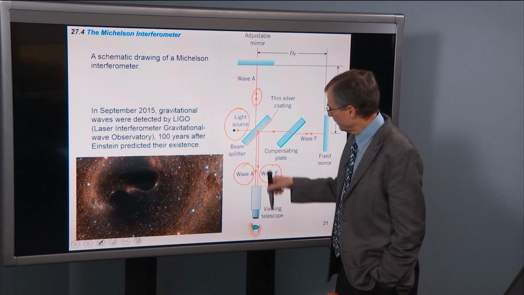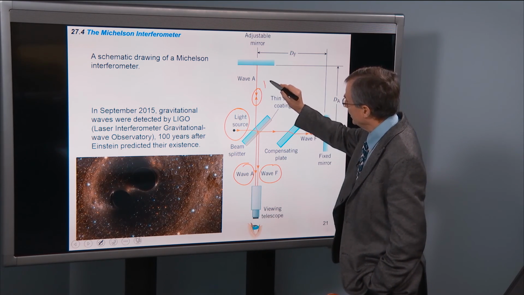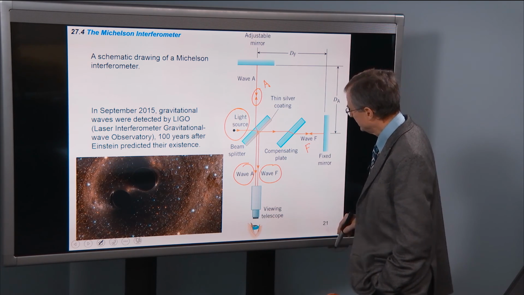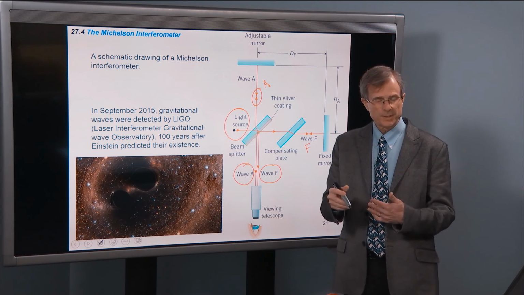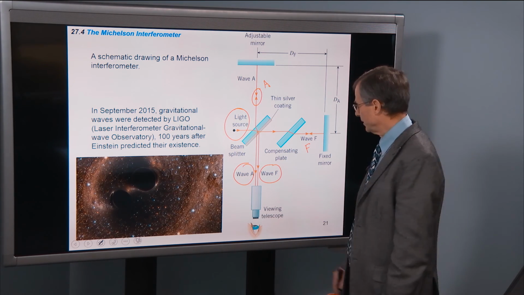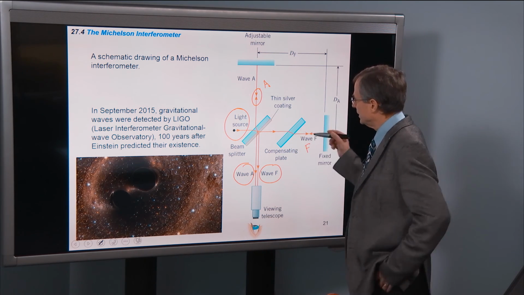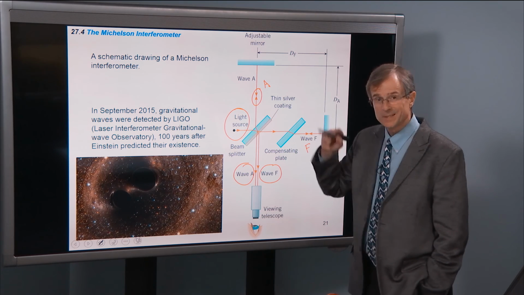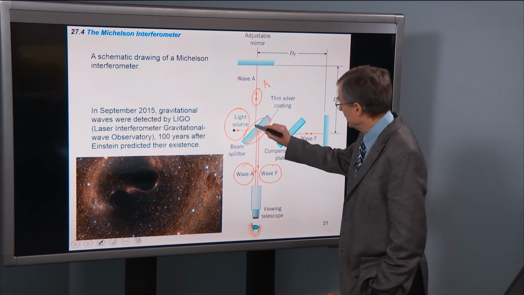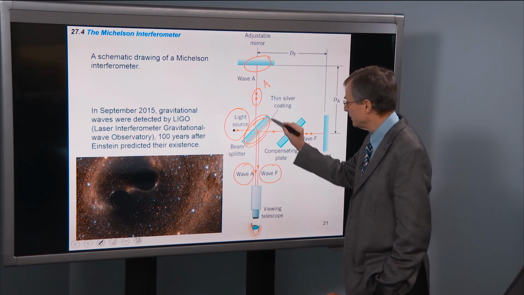And when they come back here, if the path length of A is different from the path F, then you can get constructive or destructive interference based on whether it's an integer or a half integer wavelength difference. And that gives you an extremely precise measurement of the difference in the distances between this mirror and this mirror compared with this mirror and this mirror.